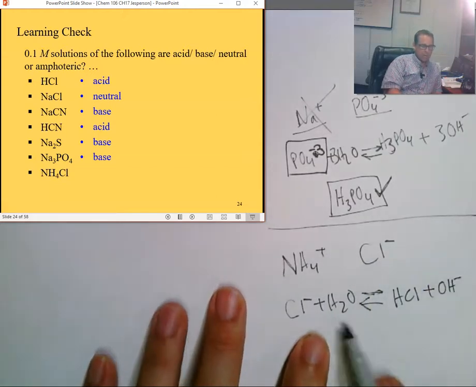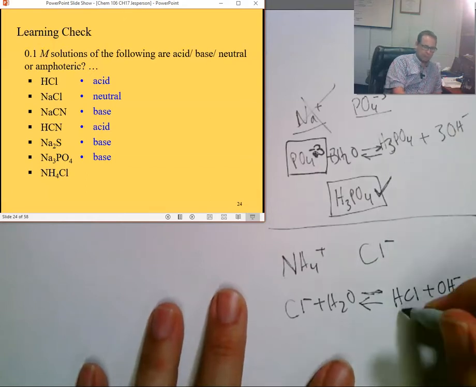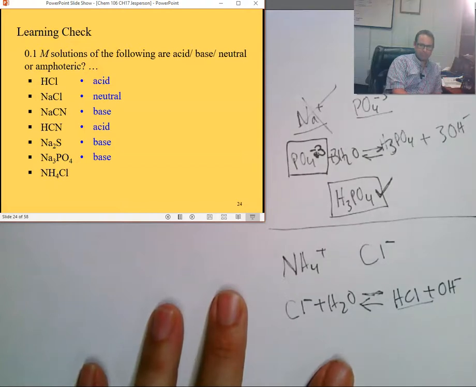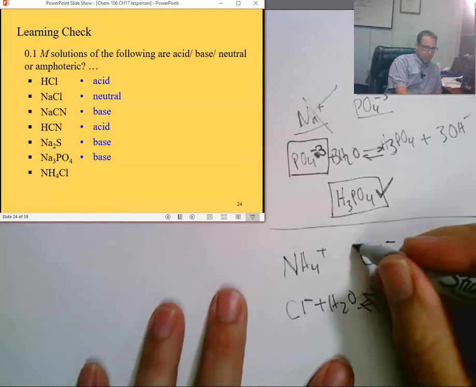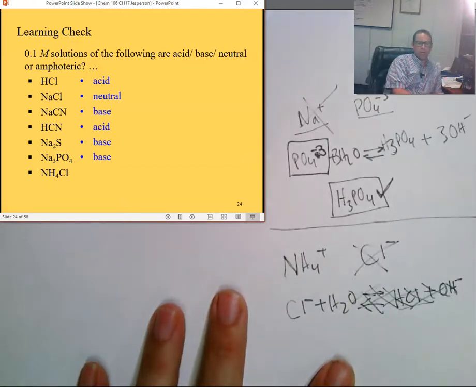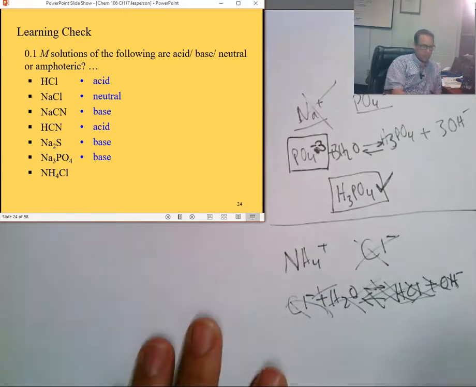And why won't that reaction ever go to the right, Brielle? Because the HCl is like a strong acid. That's correct. So it's not going to react that way. It's never going to be together like that. Very good. So this is not going to occur, telling us that the chloride ion is not going to influence the pH of this solution.